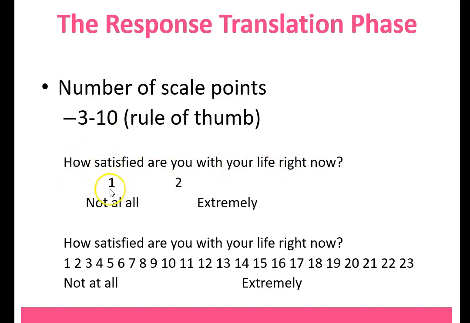If you only have 2 choices, 1 is not at all and 2 is extremely, well, that doesn't give people enough options to kind of put where they truly feel. But how satisfied are you with your life right now from 1 to 23? That's too many options, right? I don't know. Am I an 18 or a 19 or a 20? It's hard to answer. So usually we do about 5 to 7 as our typical response choices.